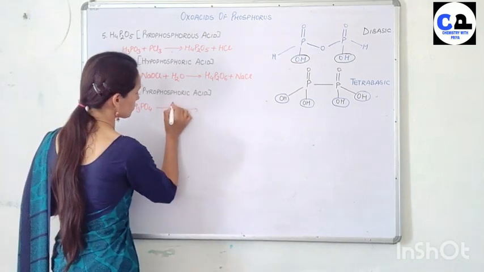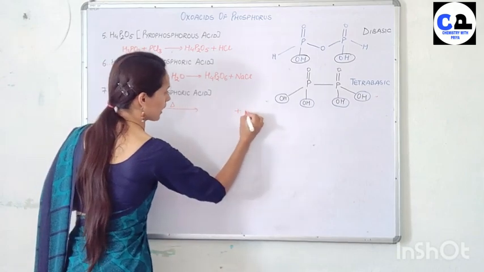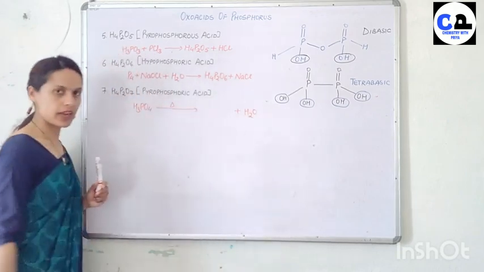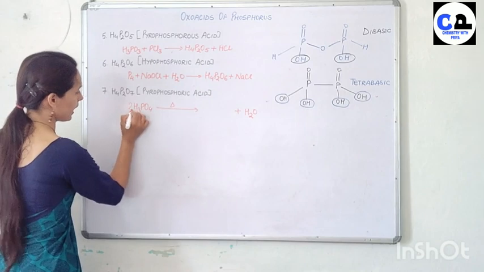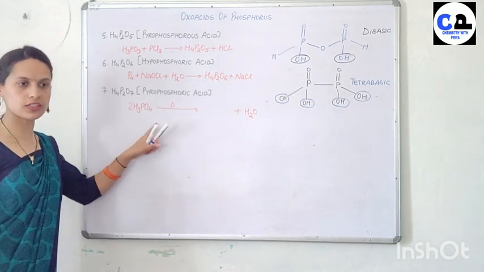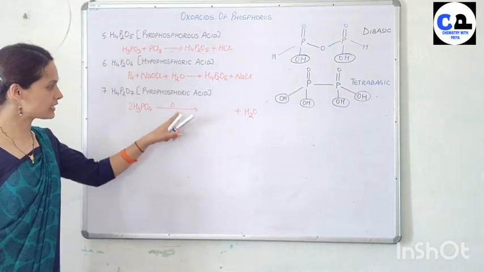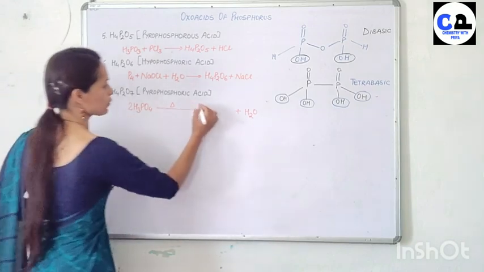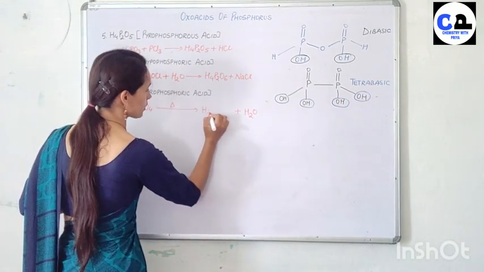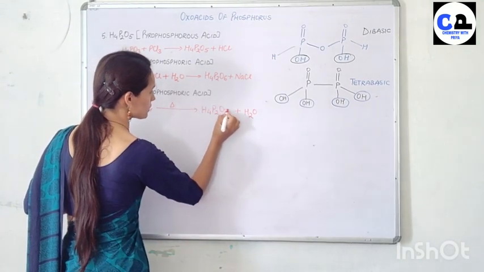On heating H3PO4, and here I will take 2 molecules of H3PO4, it undergoes dehydration to form H4P2O7.